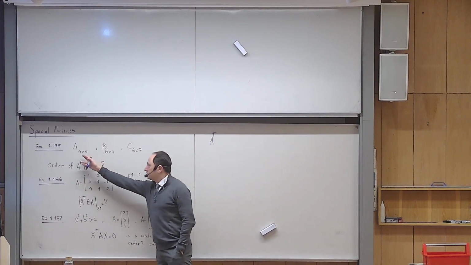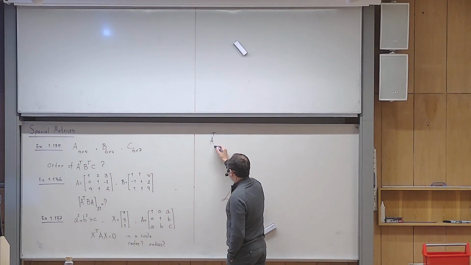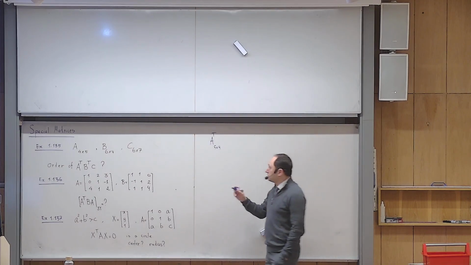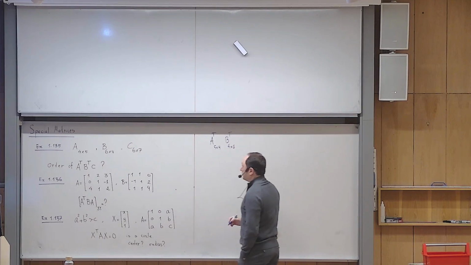Because A itself is 4 by 5, A transpose will be 5 by 4. Then B transpose will be 4 by 6. And finally, C itself is 6 by 7.